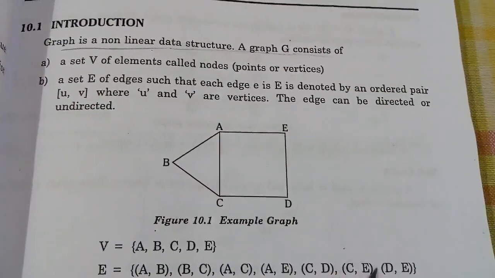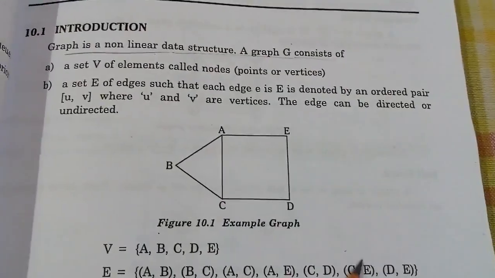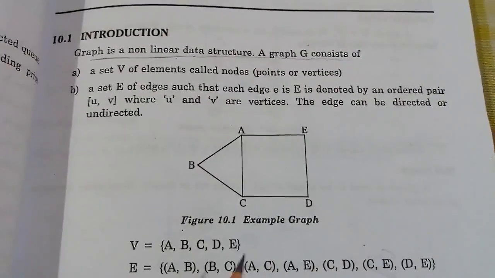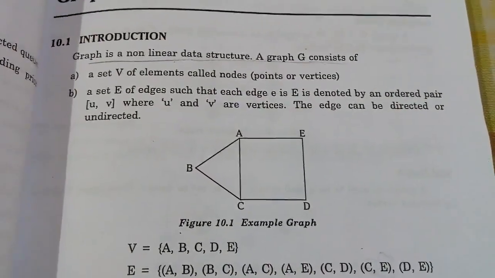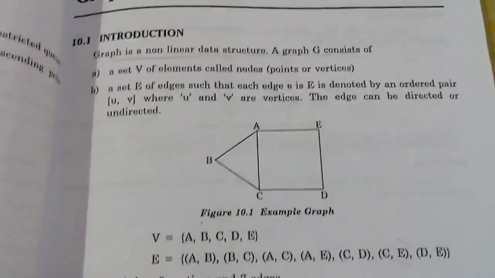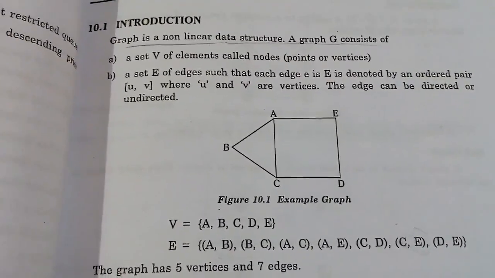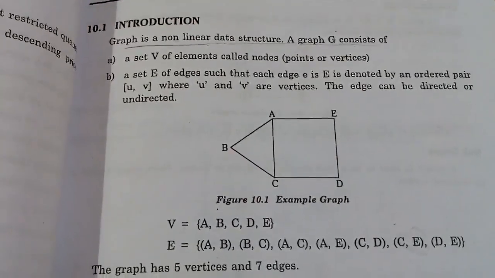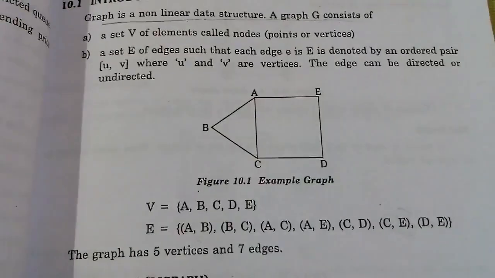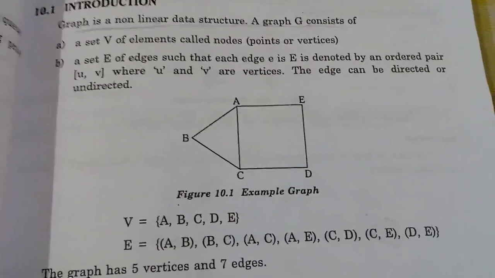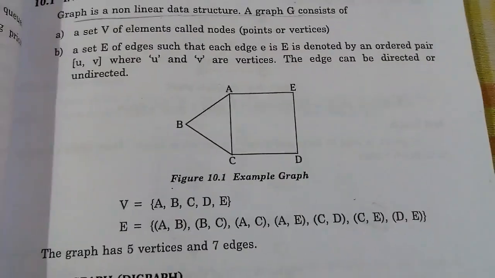So it's not there, CE. The edges are AB, BC, AC, AE, CD, and DE. So this is the graph with 5 vertices and 6 edges.